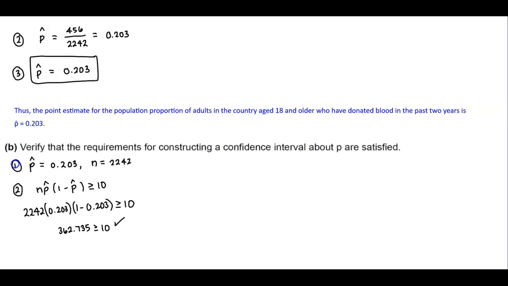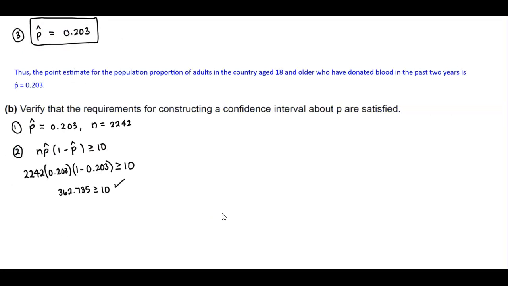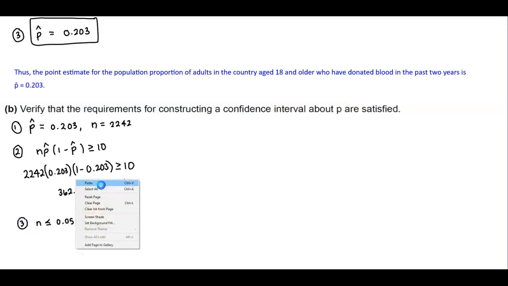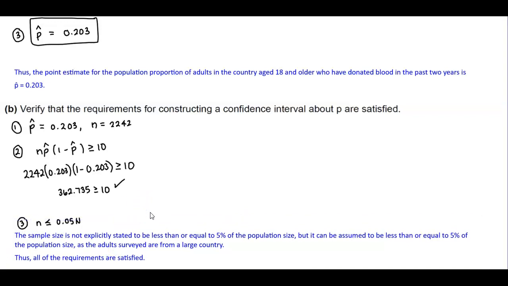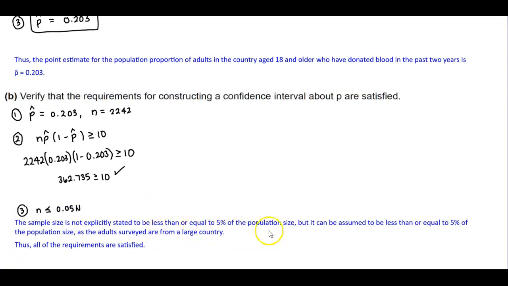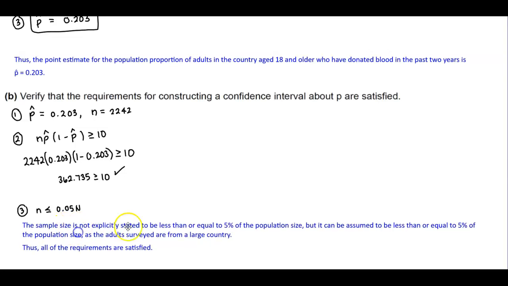It is not explicitly stated to be less than or equal to 5% of the population size, but it can be assumed to be less than or equal to 5% of the population size, as the adults surveyed are from a large country. Therefore, all of the requirements are satisfied.